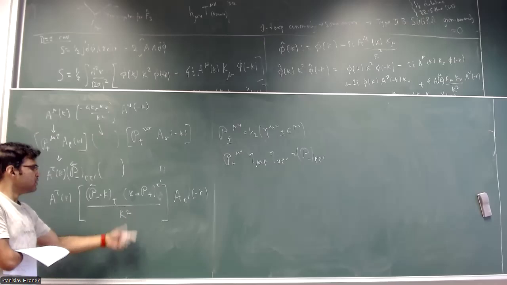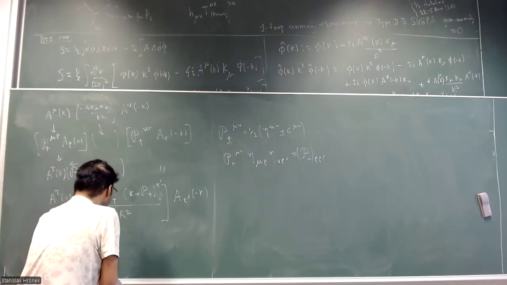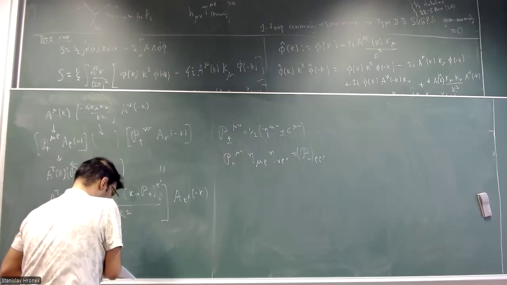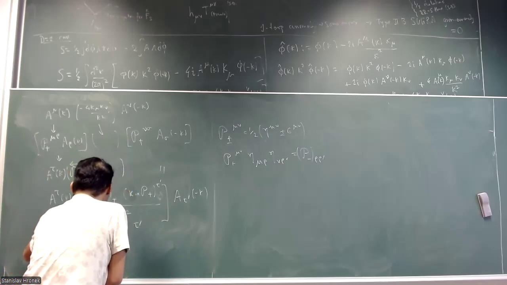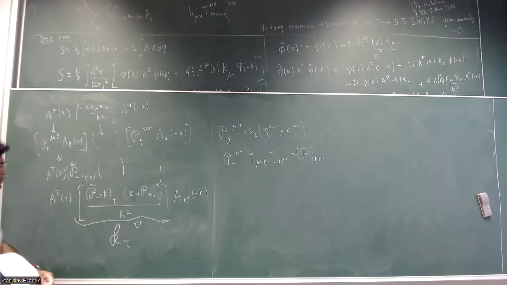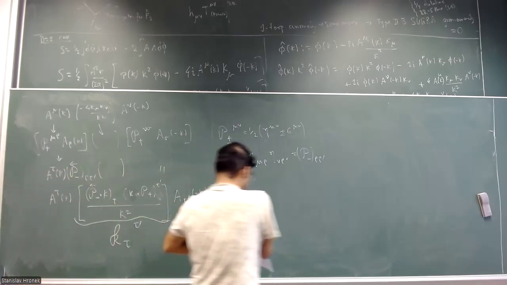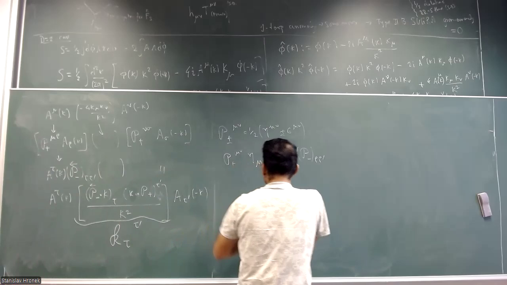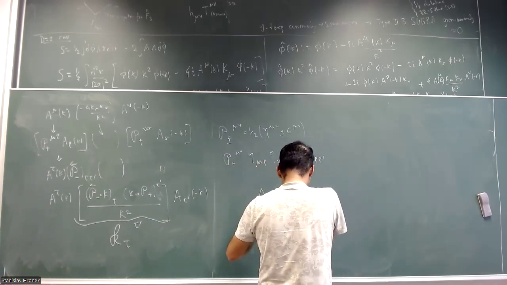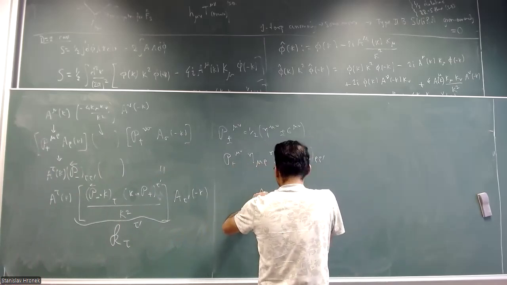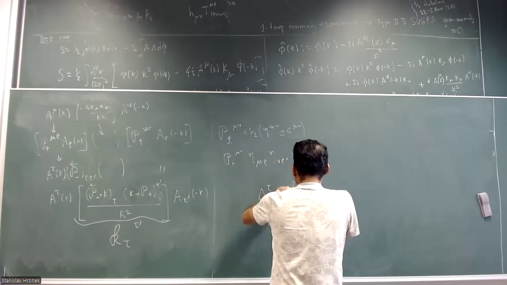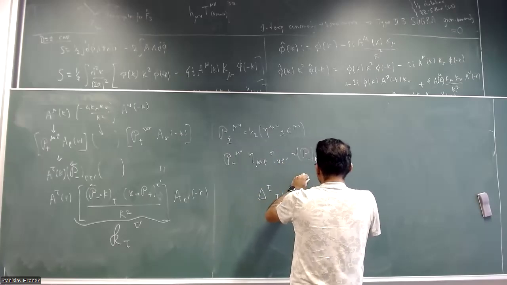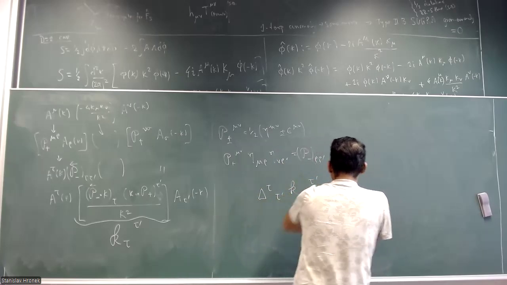So if you call this some sort of fancy K, with tau prime as the indices, the propagator delta should have the property that delta tau prime fancy K tau prime is the identity.